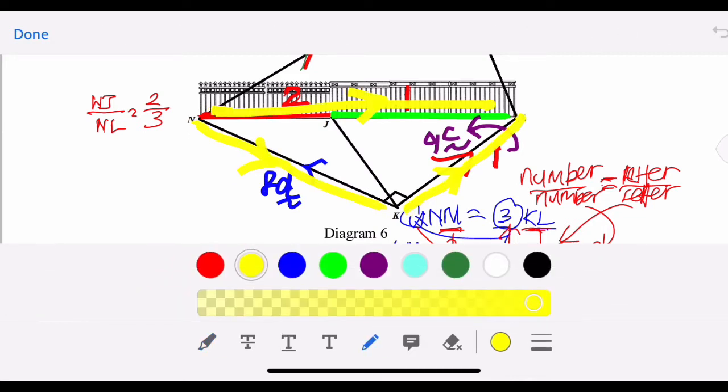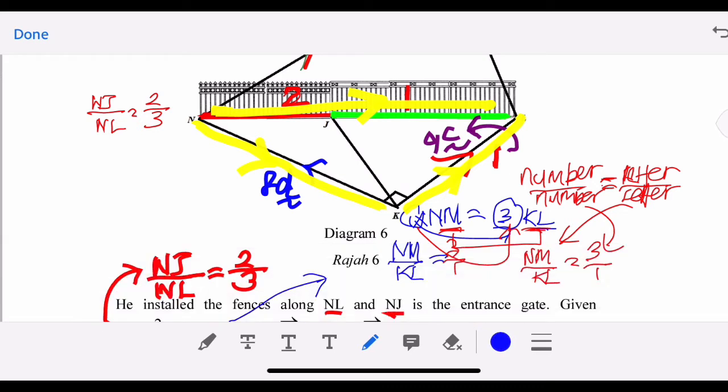Now let's try to solve the triangle law. So we have the starting point is N, ending point is actually L, right? From N travel to L, right? So we write NL with the arrow. So if we start with the N, you must start with the N after equal sign.